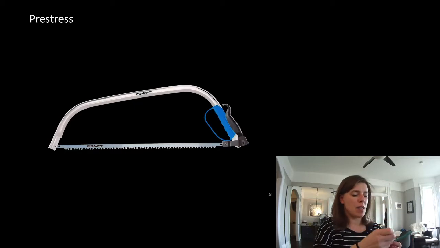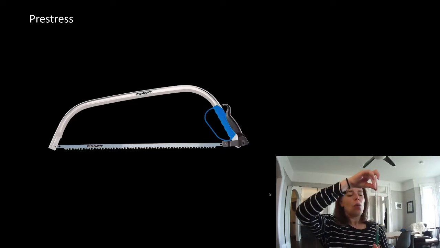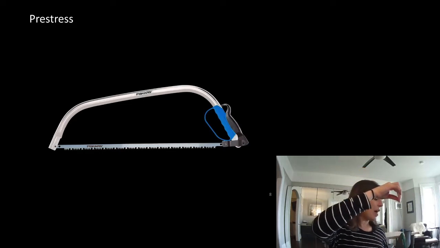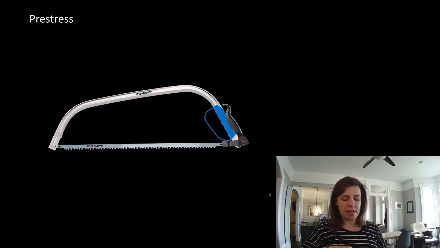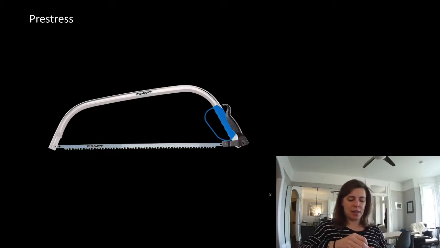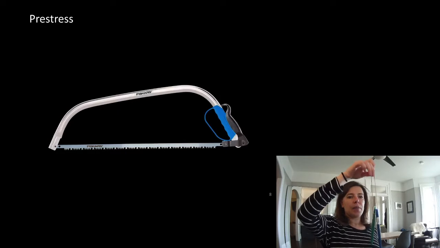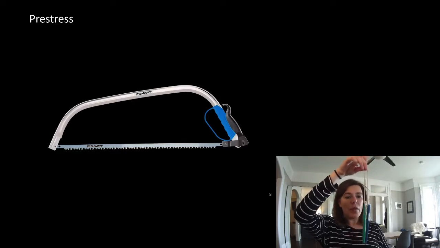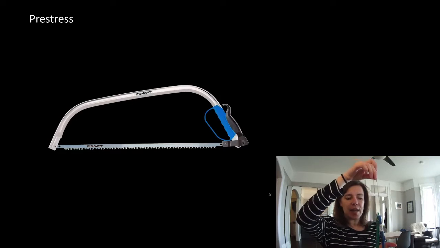What happens though if, gotta be careful with my messed up finger, what happens if I put a bunch of weight at the end of this elastic? So now I've got some weight on this. Well, now this has been stretched. There's a force tensioning it some, or pre-stress on it.